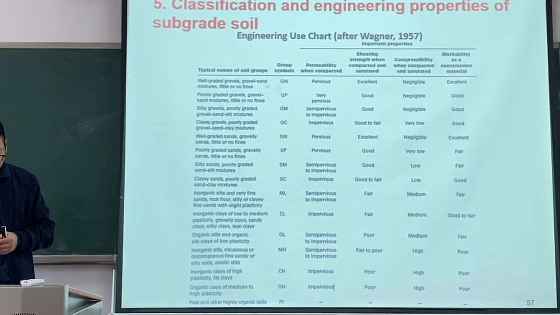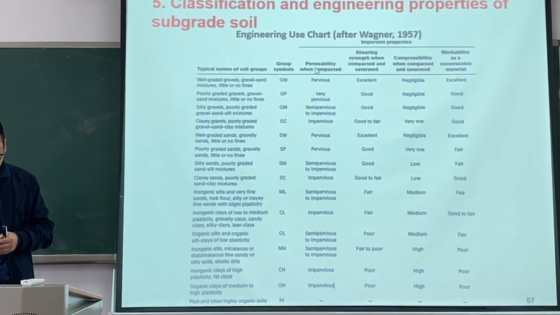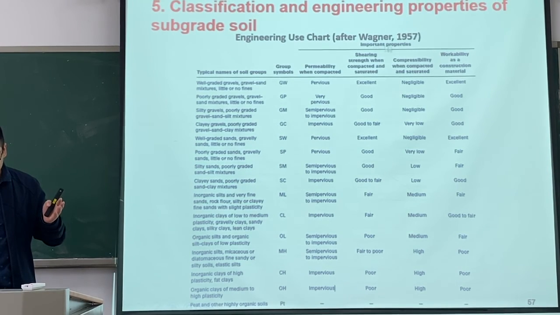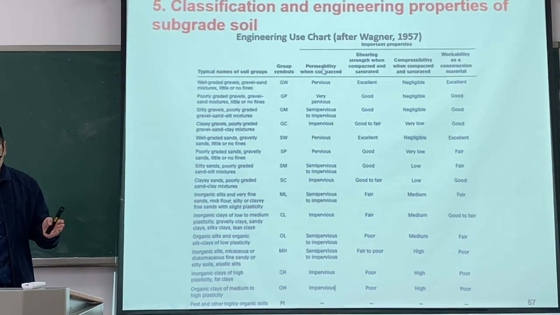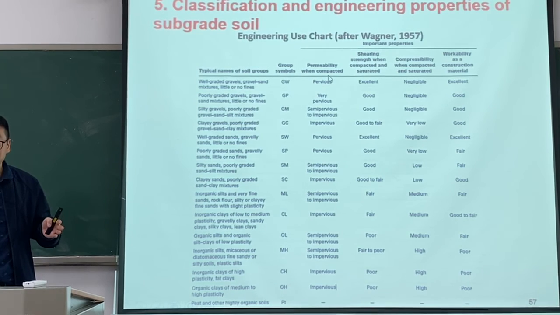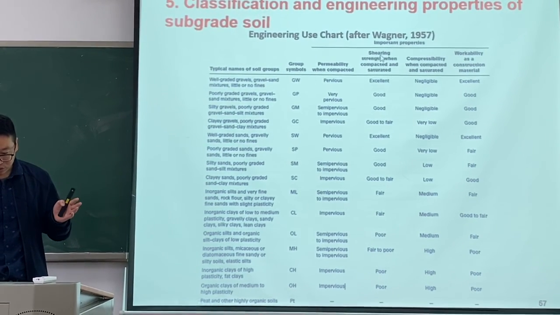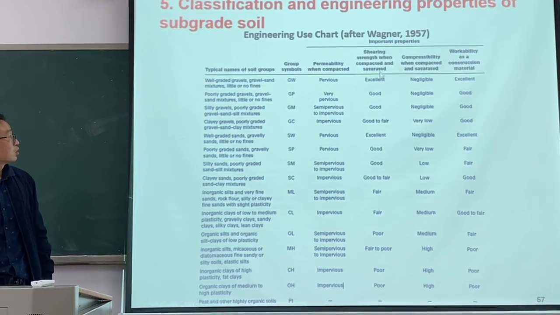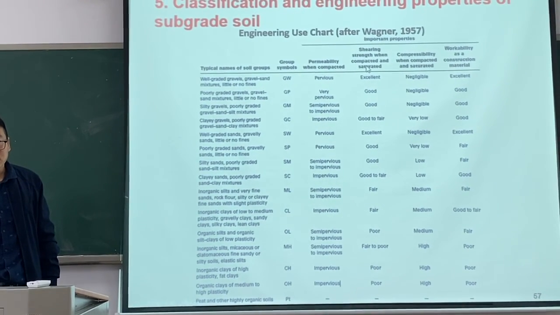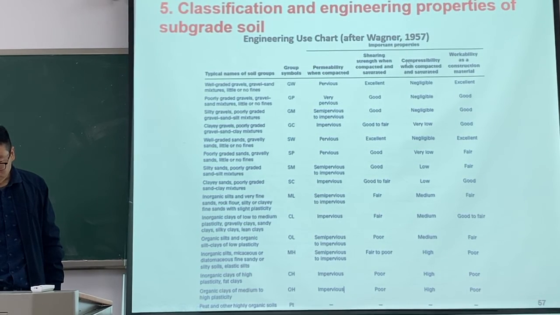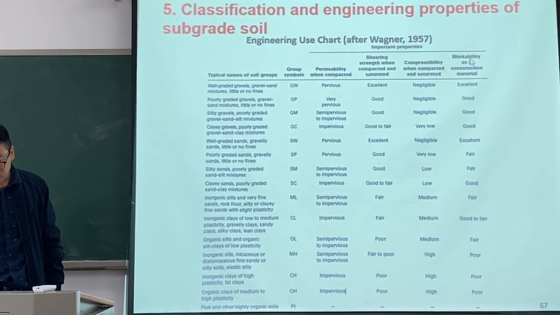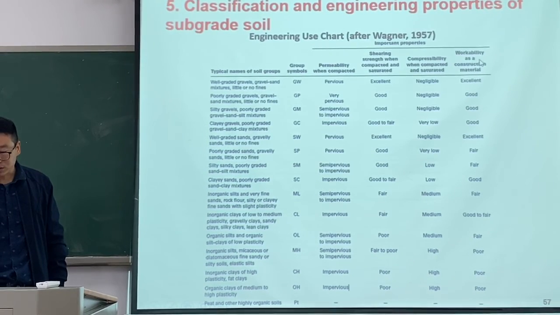According to the soil group, there are important properties: permeability when compacted, shearing strength when compacted and saturated, compressibility when compacted and saturated, and workability as construction materials.